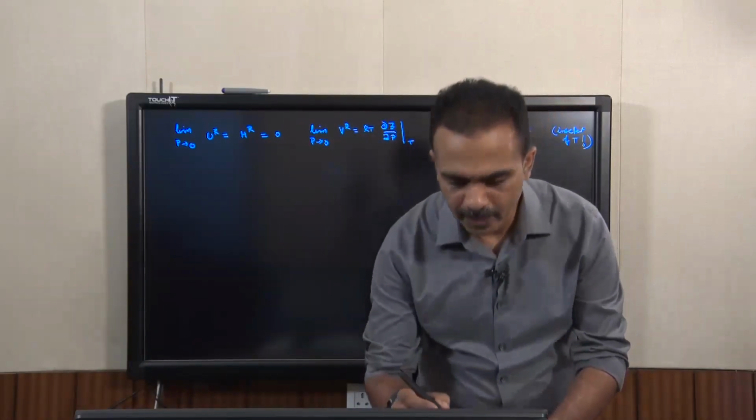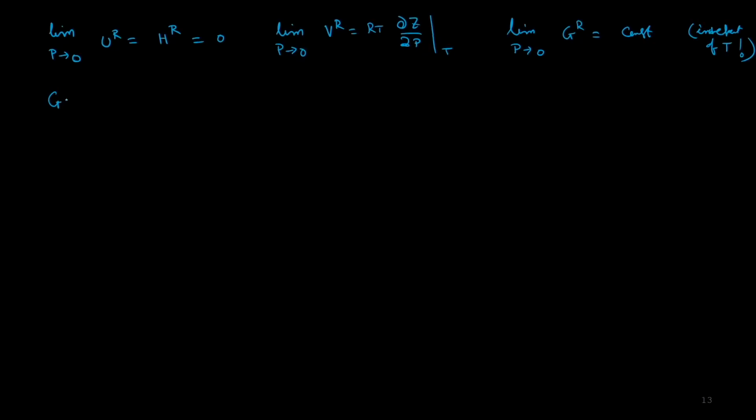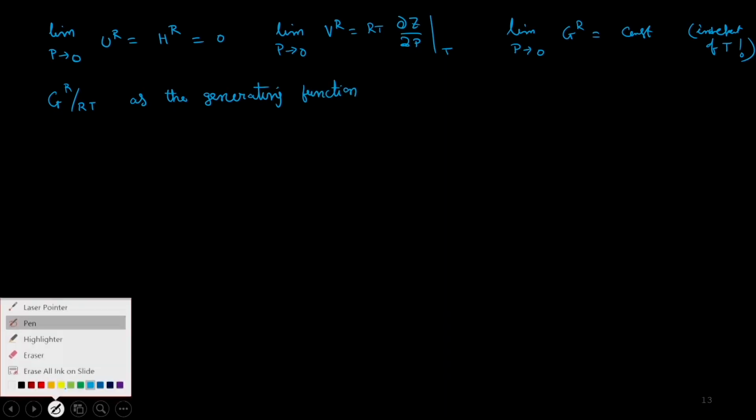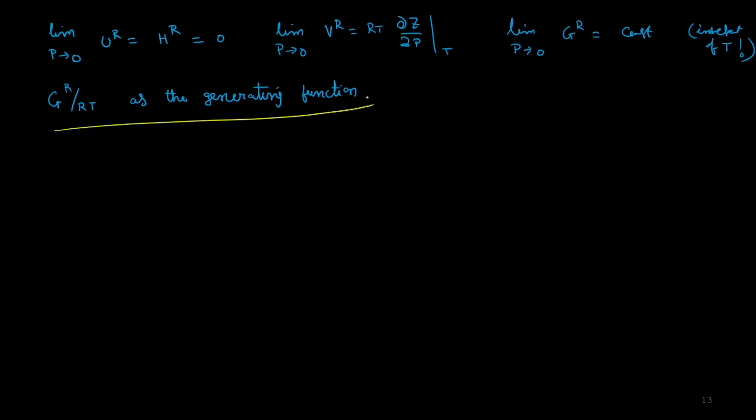We start with G^R over RT as the generating function. Remember, we have used the generating function idea earlier. So we're going to use G^R over RT as the generating function and try to derive all the thermodynamic properties based on this idea. So first, let me write what d(G^R/RT) is.